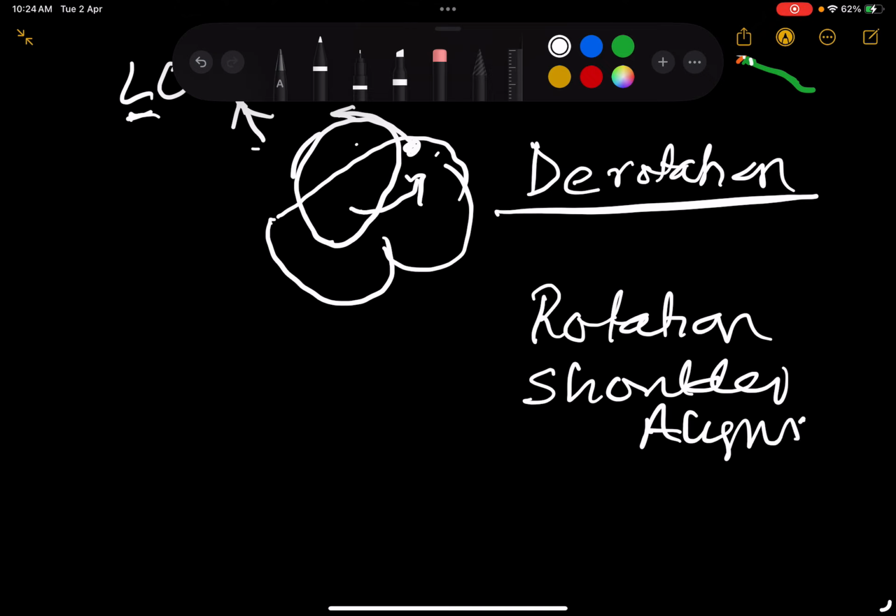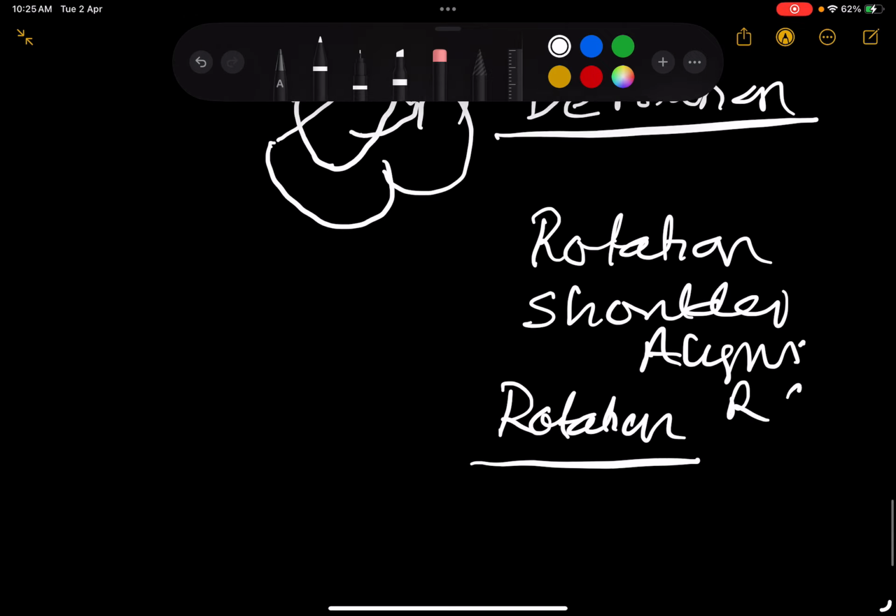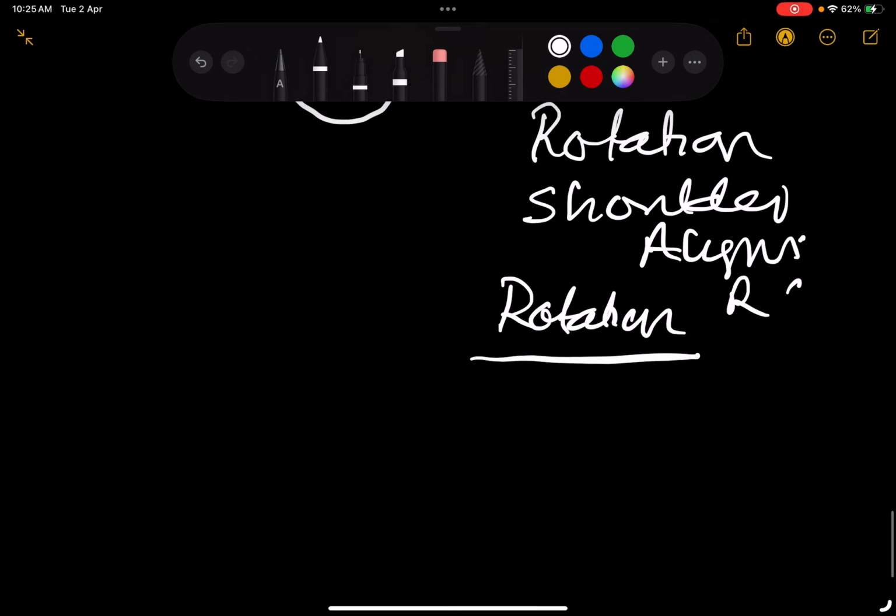Now in this, the right shoulder will align into the gutter, and therefore this slight derotation will be now converted into a complete rotation, so that the face is facing on the right side. So that is because of the shoulder alignment.